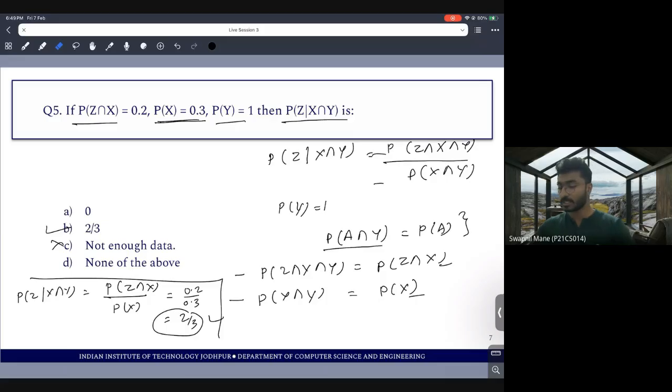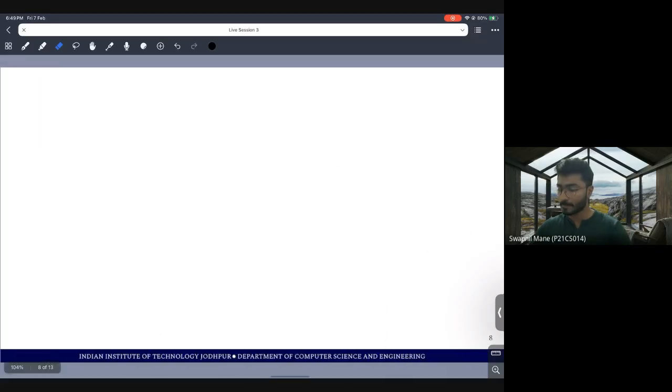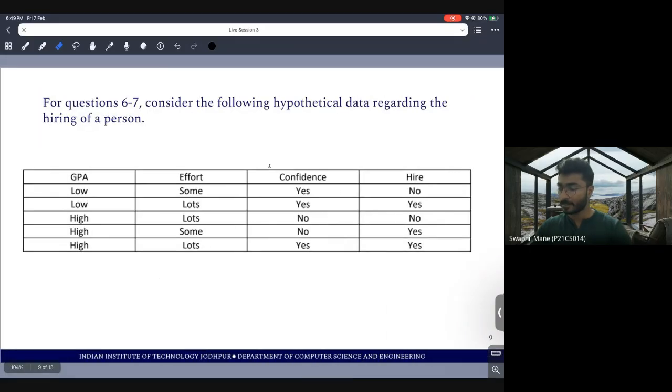Okay, let's move to another question. Please write down this table, so that based on this table we can discuss the questions. There are two questions remaining, so we'll discuss these questions based on this data. Please write down this table so we can refer to it in further questions.